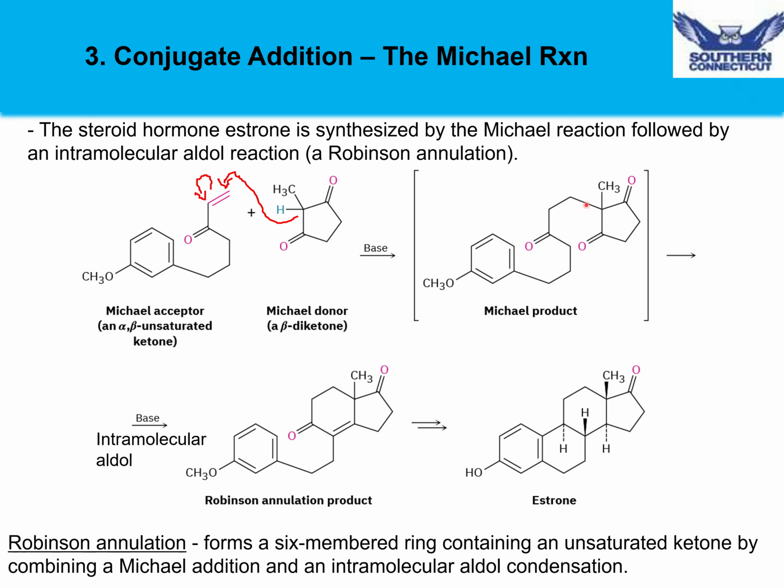If we add base to this intermediate, we can, in effect, do an intramolecular aldol reaction. So that would involve forming an enolate at this carbon, which would then attack the carbonyl here. And after dehydration, we would form a double bond there, which you see here in the product. Now, the reason why that particular alpha carbon is the one that is removed is because it leads to closing the 6-member ring, as we see in the product.